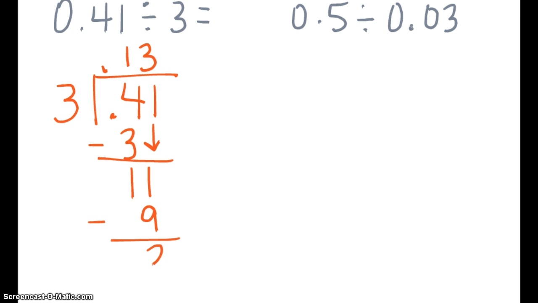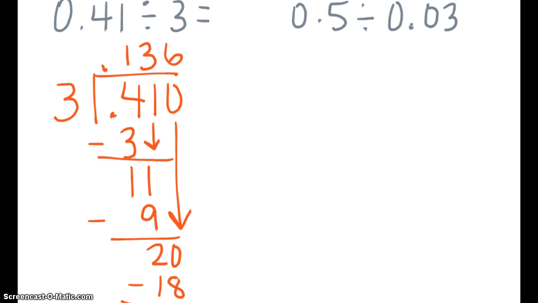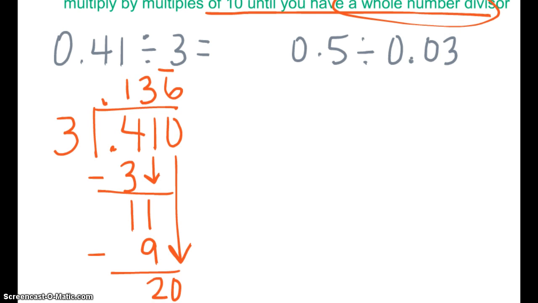And I am left with 2. I'm going to take it out to another place. 3 into 20 goes 6 times. 6 times 3 is 18. Subtract. Look what's happening. This is repeating. So I have 136 thousandths, and my 6 is repeating.